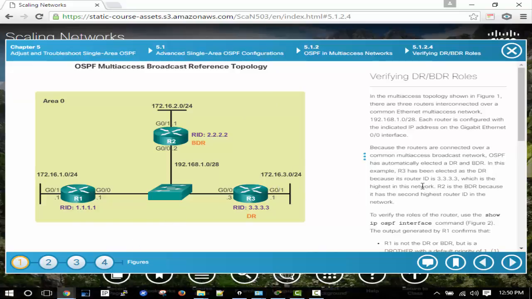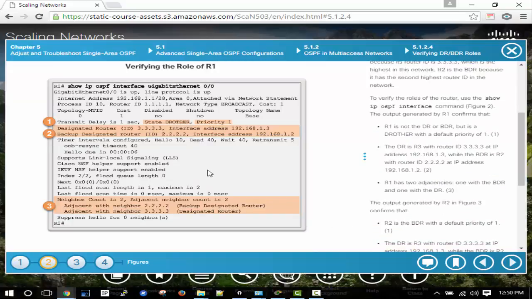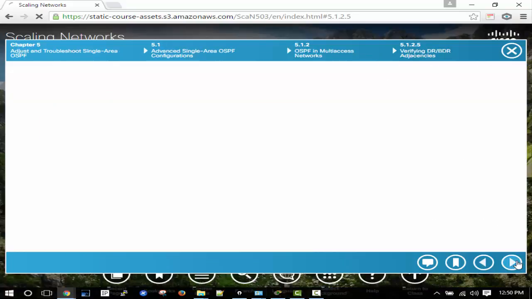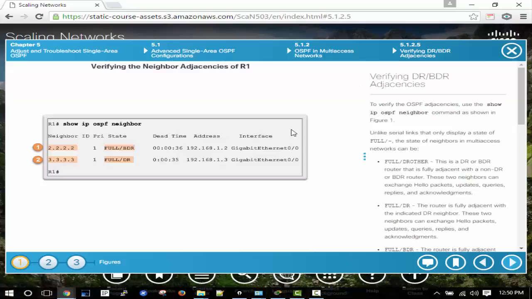All they're doing here is doing some show commands of how we can see the DR. Feel free to look through those show commands, because they're just verifying the roles that I just talked about.